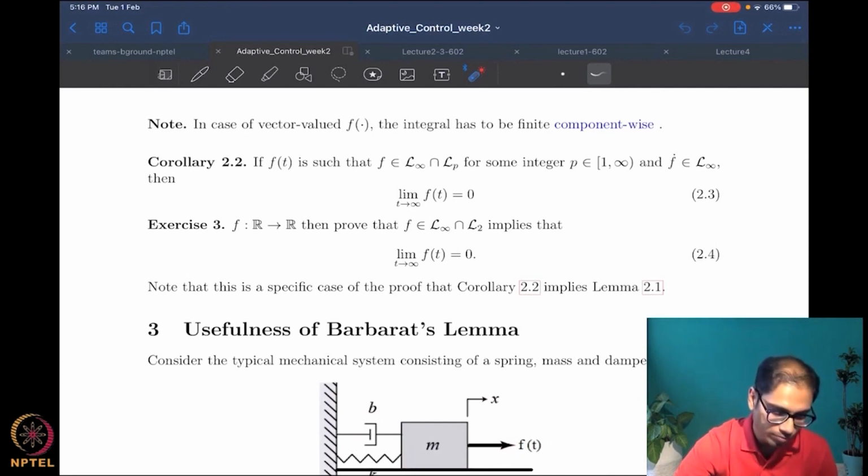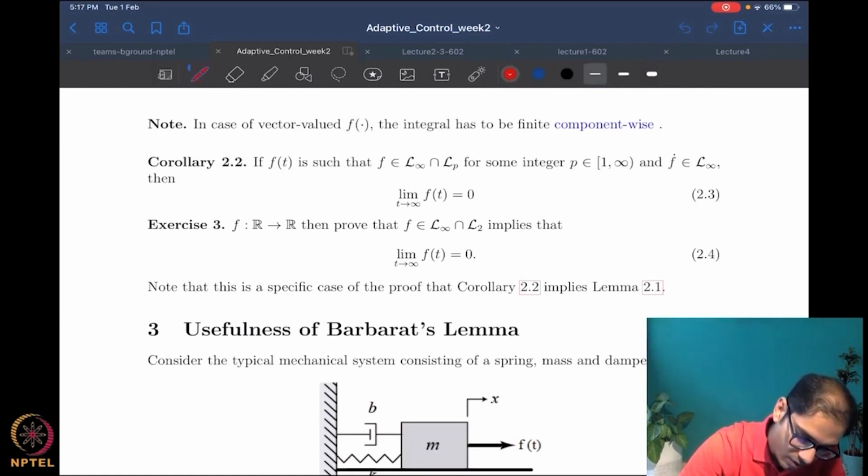Now, like I said, it's a corollary, and so it makes sense to want to know that the corollary implies the actual lemma itself. So we say that if the function is L infinity and L2, and also the derivative is L infinity, then we want to prove that the limit as t goes to infinity of f(t) is equal to 0.